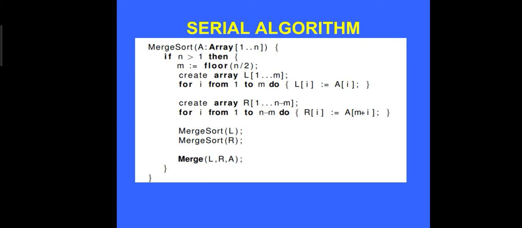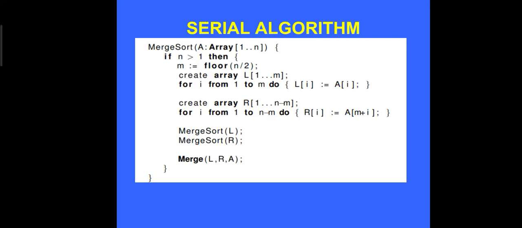Serial algorithm: how does odd even merge sorting work as a serial algorithm? Normally in a serial algorithm, we divide the array of n elements into two halves at the middle of the array, which is m.